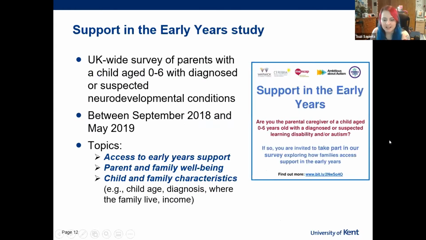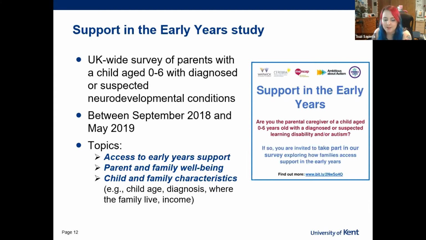So for this project, we used data that we collected as part of the Support in the Early Years study, which was part of my PhD research alongside another PhD student called Caitlin Murray. And for this, we did a UK-wide survey of parents who had children aged 0 to 6 years with diagnosed or suspected neurodevelopmental conditions.